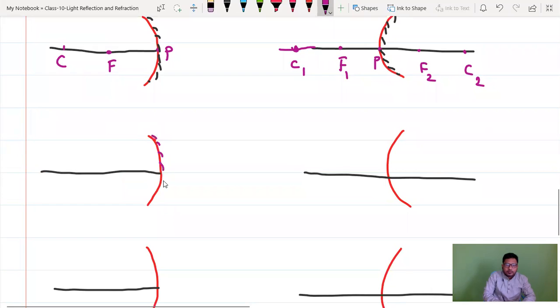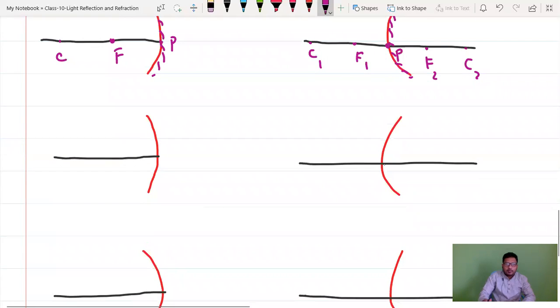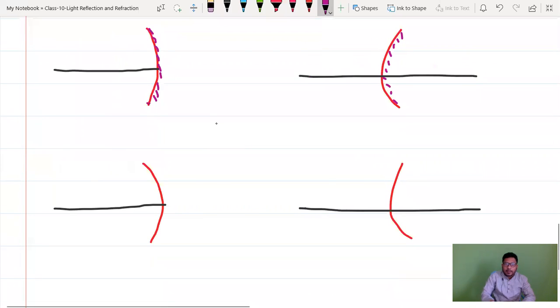So concave: P, focus F, center of curvature C. For convex, you can draw along with me: P, focus, center of curvature, here also focus, center of curvature, but here it is C1, F1, C2, F2. Same for both of these. Please draw as soon as possible. If you draw along with me, it will be like practice for you.